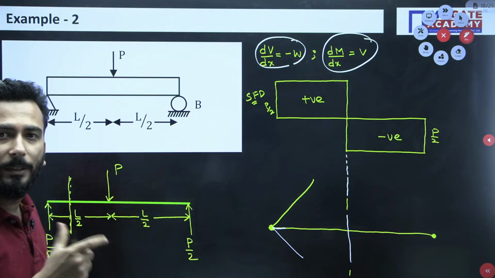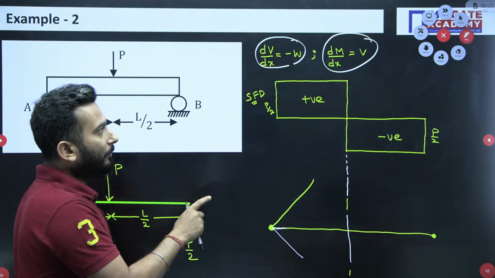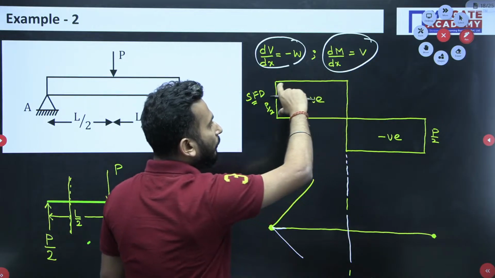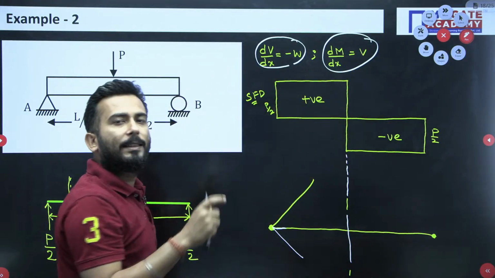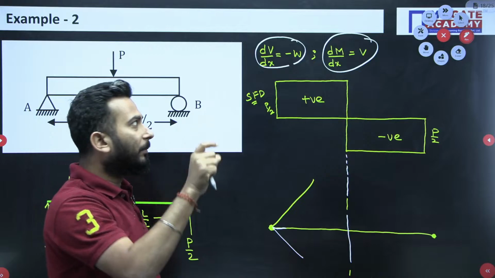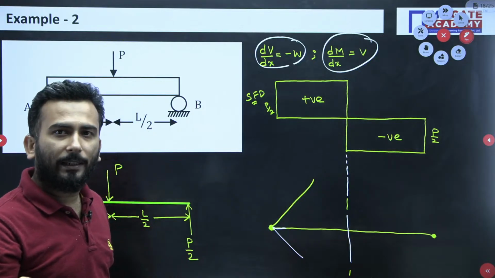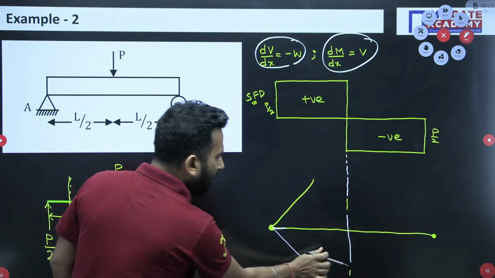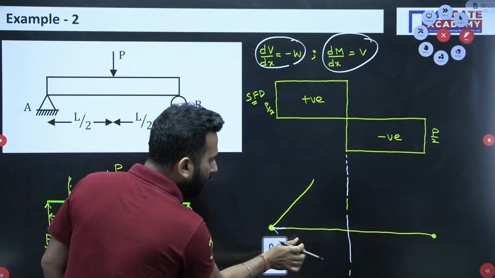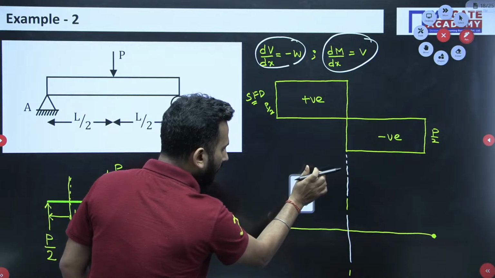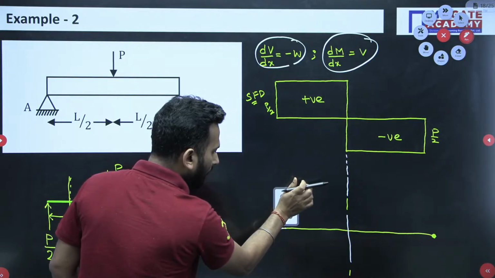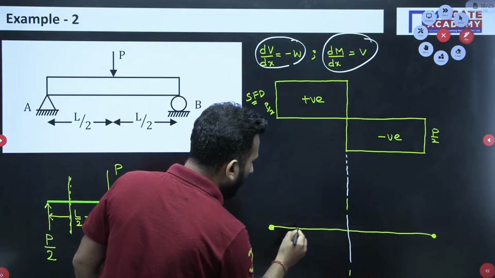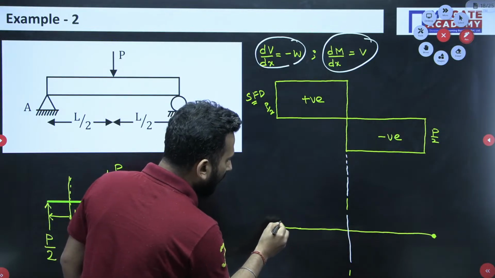Constant slope, that means a straight line. Positive, dM by dx is V. V is constant. Let's say V value is 5. So dM by dx is 5. That means it's a straight line and it is positive. So constant and positive, that means this will be the way.